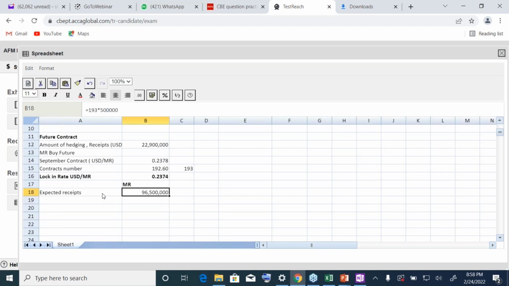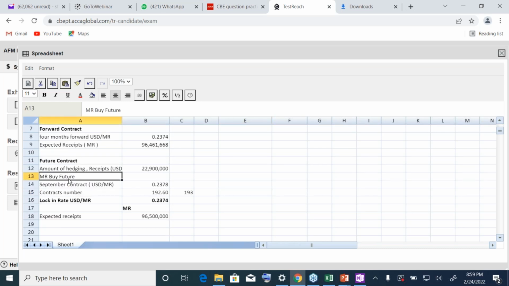But guys, we have done some under hedging. So let's solve that under hedging here. The contract is you will buy the MR from the exchange and you will provide the dollar. So payment to the exchange.